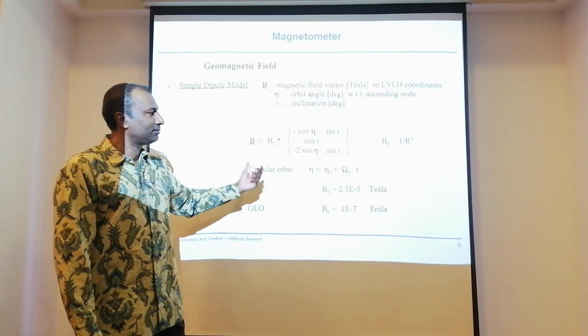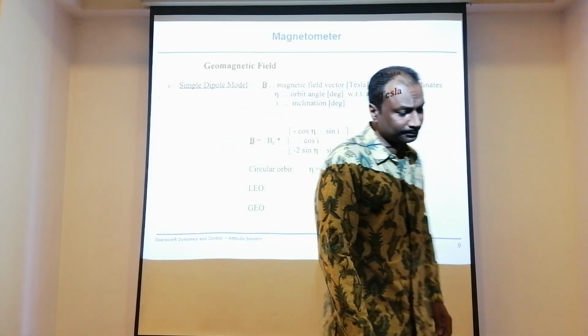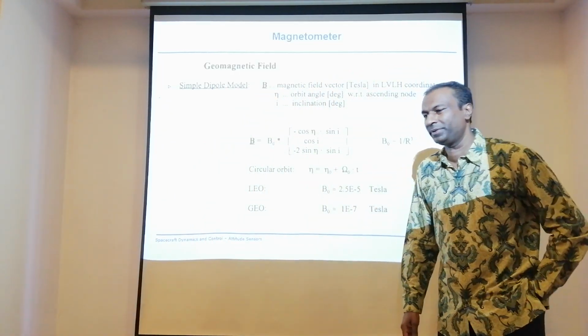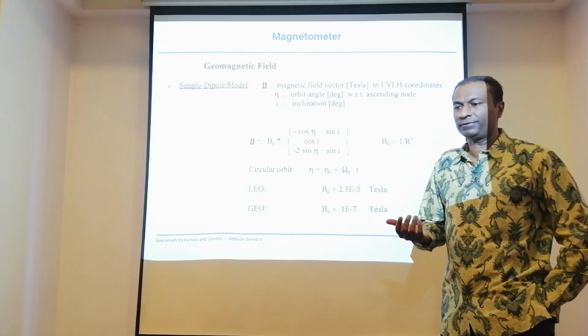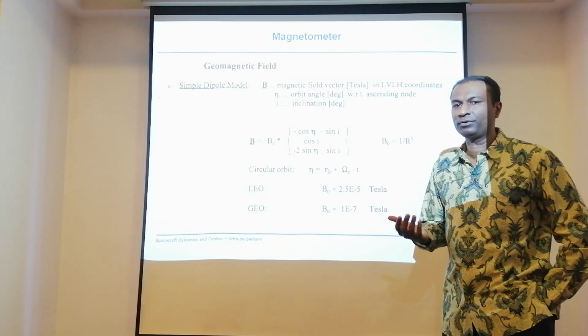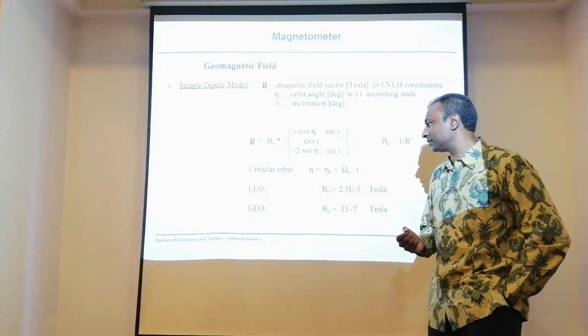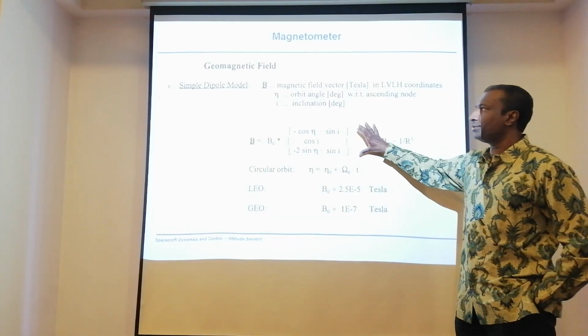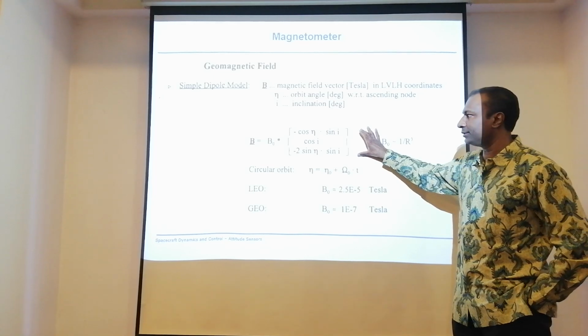This can always be used. But again, when you're flying in a geo orbit or geostationary orbit, I would say magnetometers might not be a good choice of sensor, because they are going to give you quite weak attitude sensing capabilities. So again, in this case, we use a simple model for estimation.